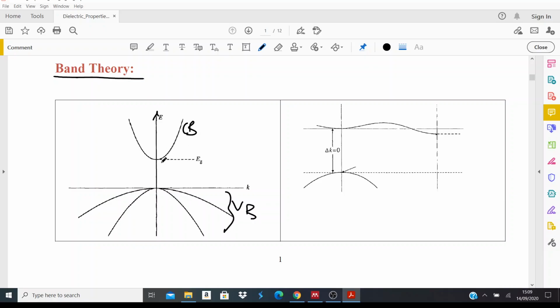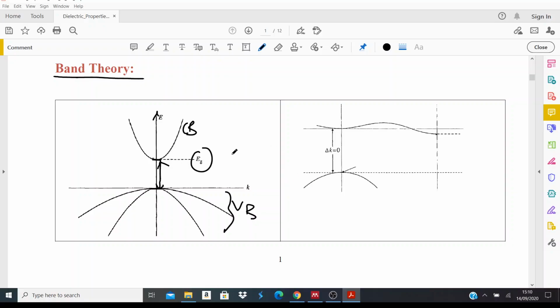And usually the conduction band and the valence band for insulating materials are separated by some gap, right? And this gap from the top of the valence band to the bottom of the conduction band is known as the band gap of the material, right? And insulating materials have a wide band gap, a large amount of band gap.